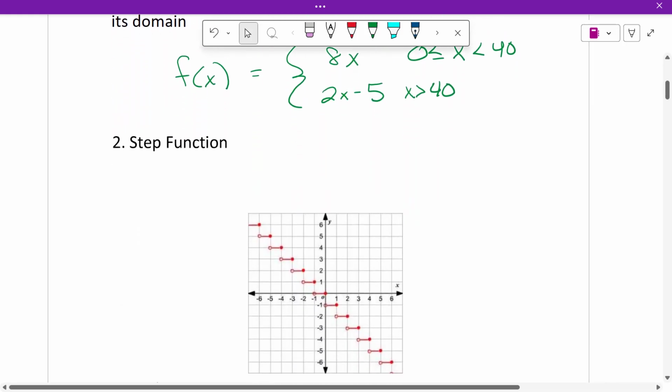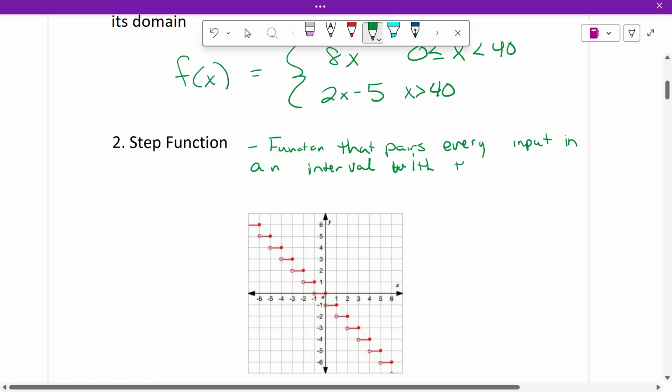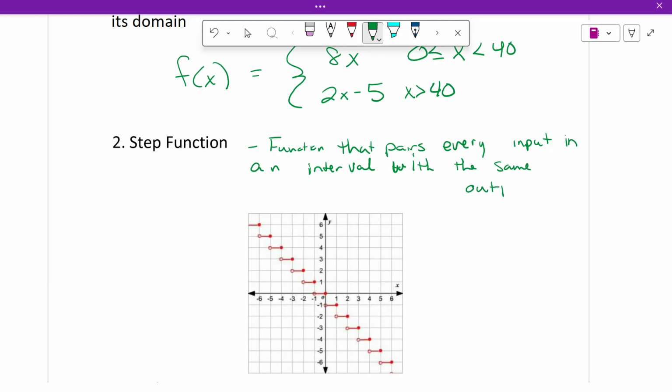Here's a step function. A step function is a function that pairs every input in an interval with the same output value.